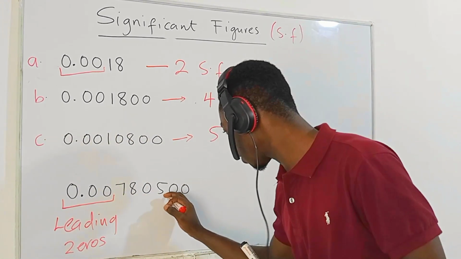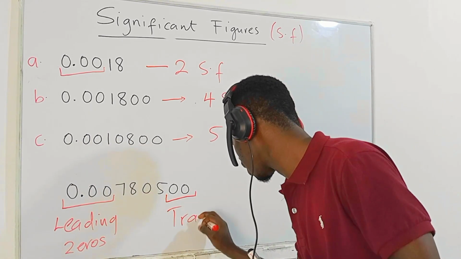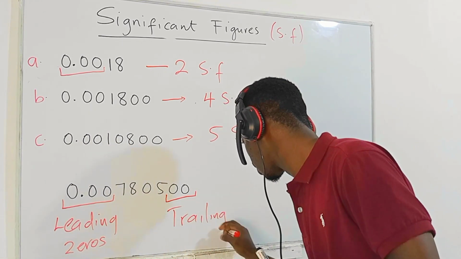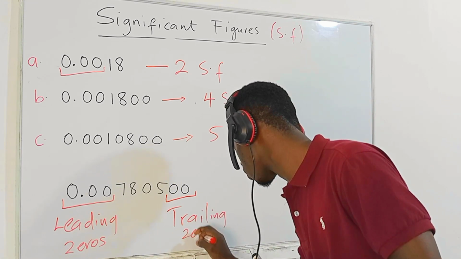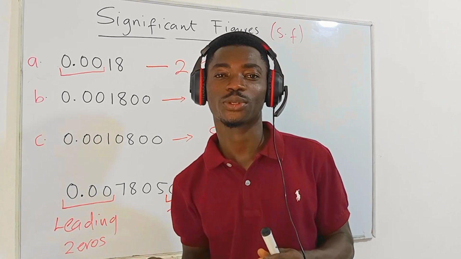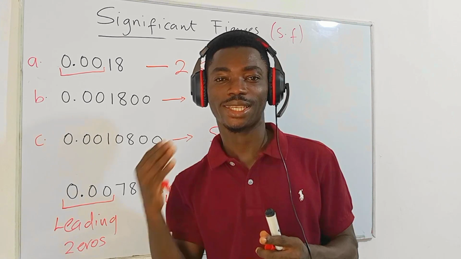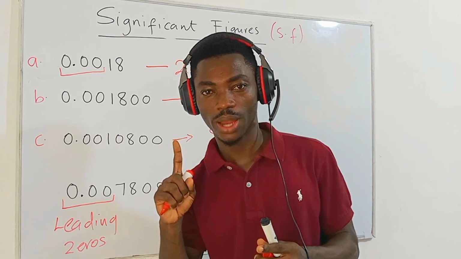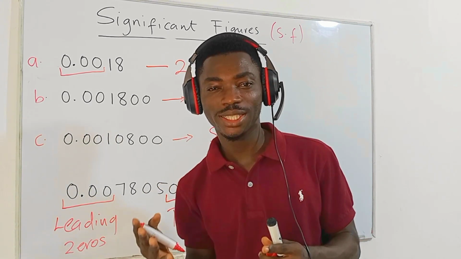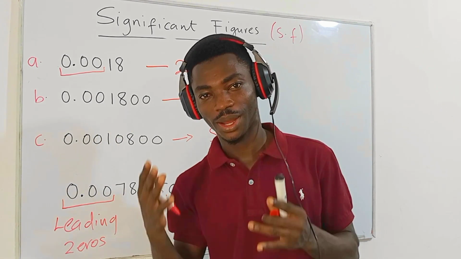All right, so that brings us to this part. Now, these zeros right here are known as trailing zeros. Now, there are two important things about trailing zeros. Case 1, trailing zeros are significant if there is a decimal point. And case 2, trailing zeros are not significant if there is no decimal point.